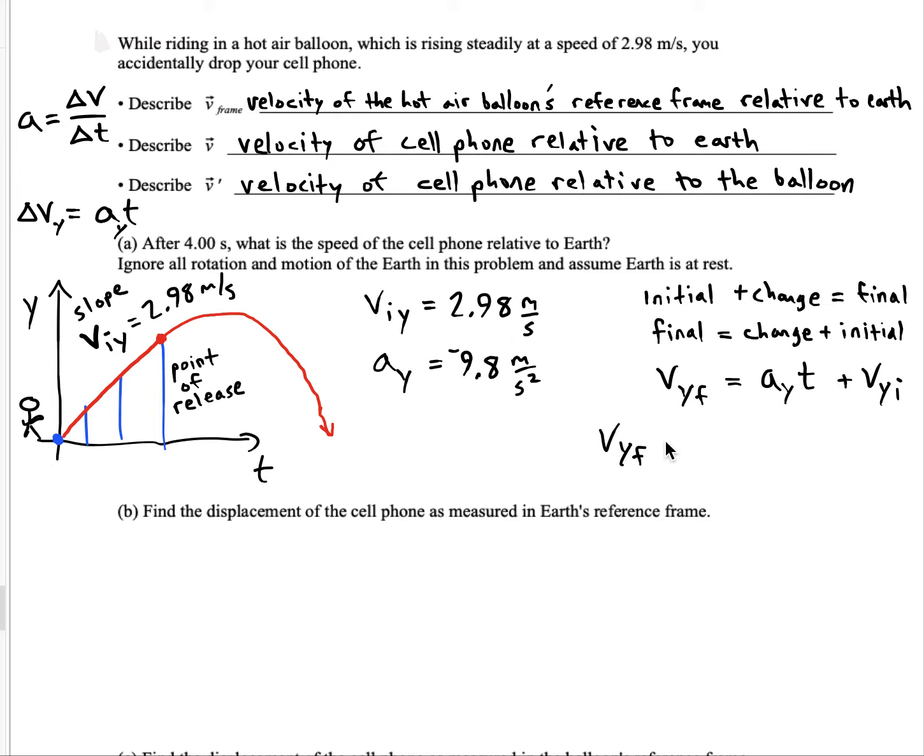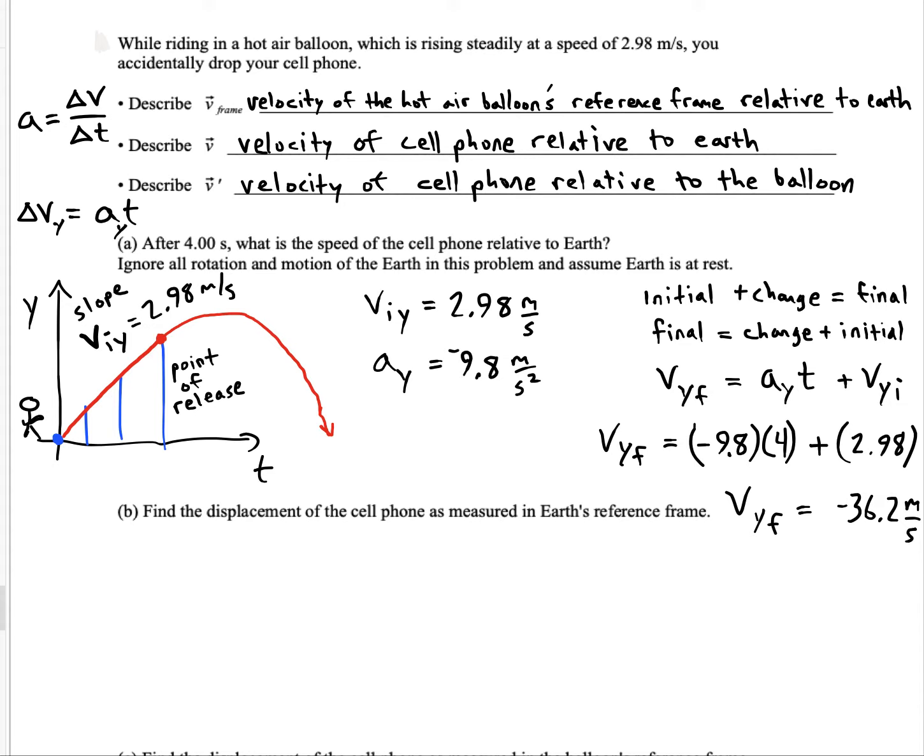So you do this. So the final velocity after 4 seconds will be, looks like negative 36.2 meters per second.